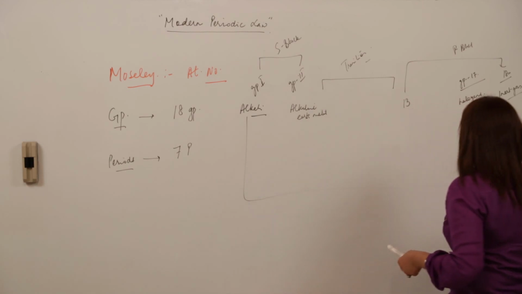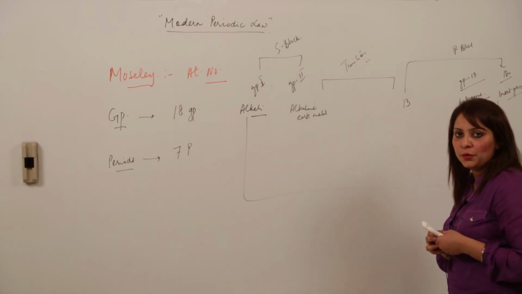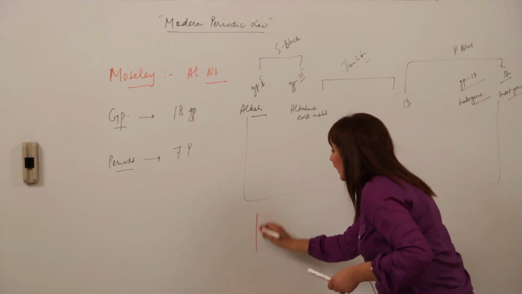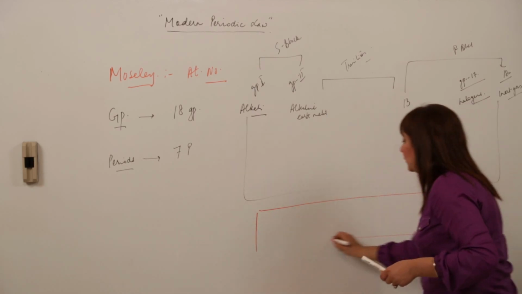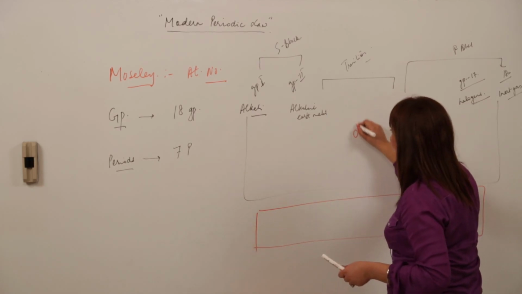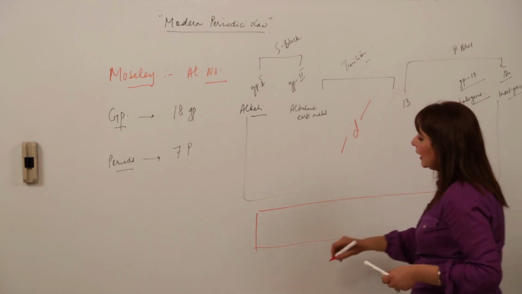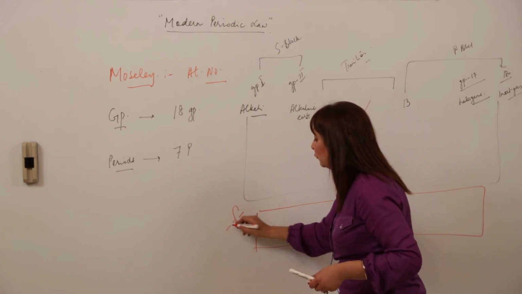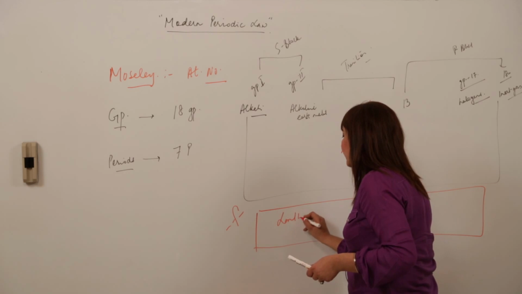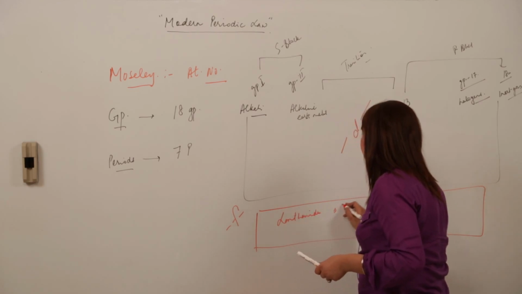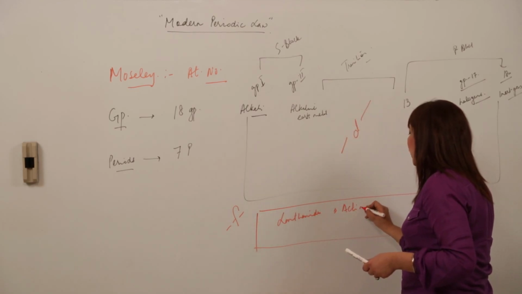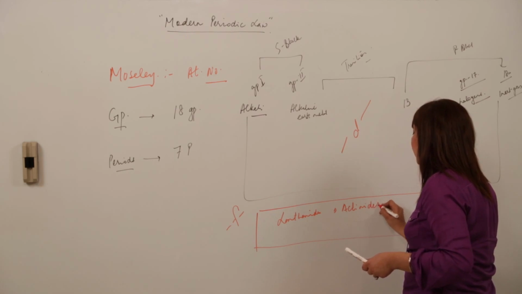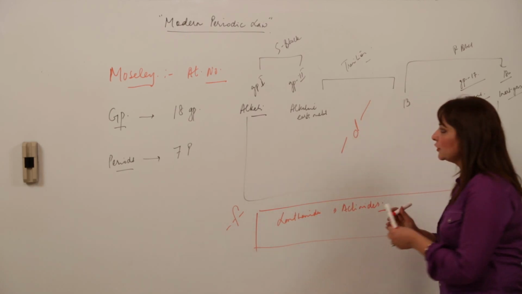Like this. This was the body of the modern periodic table, and here lie the rare earth metals, that is, this was the D block, the transition block, and here lie the elements of the F block called lanthanides and actinides, starting with lanthanum and actinium. So it was the body of this.